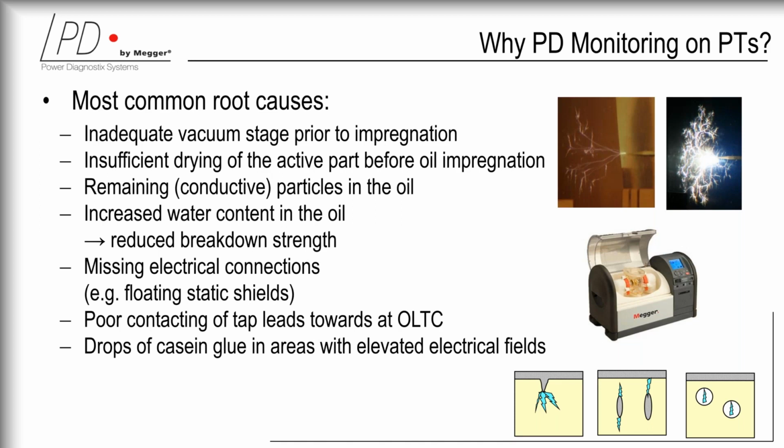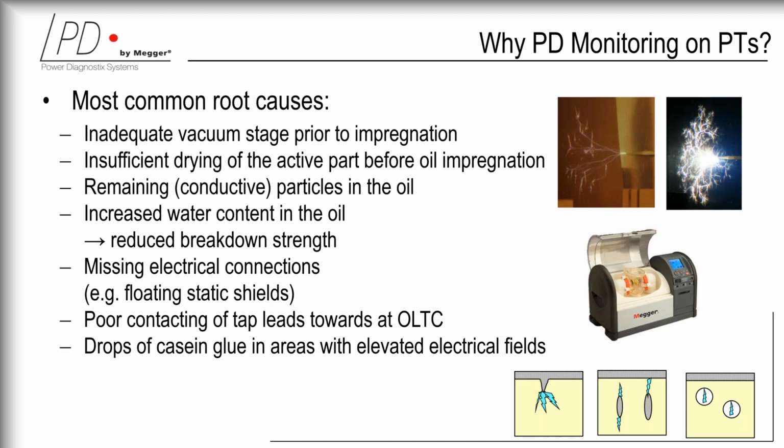So sometimes there are inadequate stages prior to impregnation. Sometimes maybe the transformer is not sufficiently dry before the paper insulator is impregnated with oil. Then sometimes there are remaining conductive particles in oil, and there is a water problem.